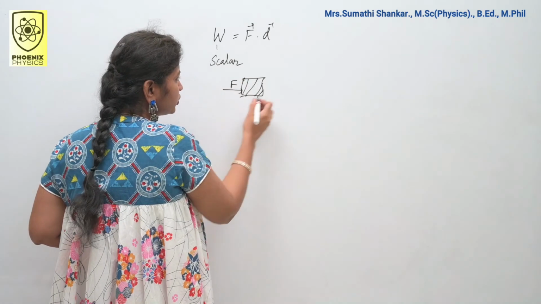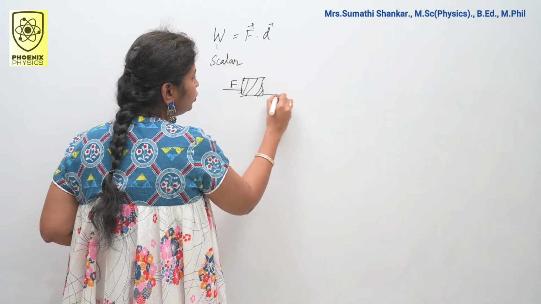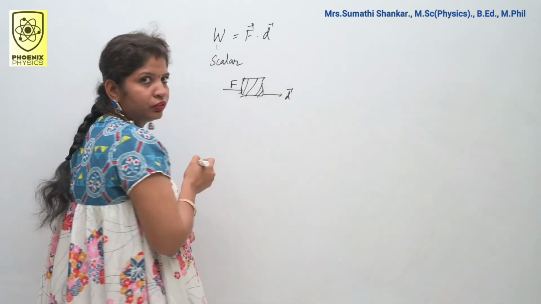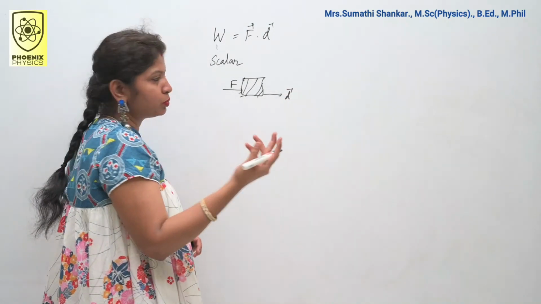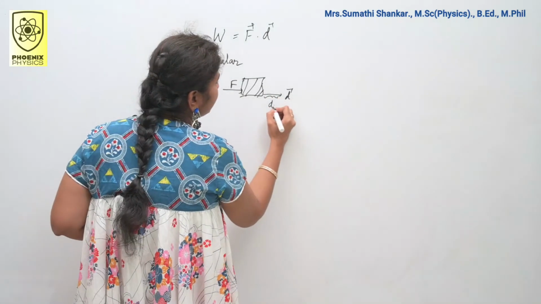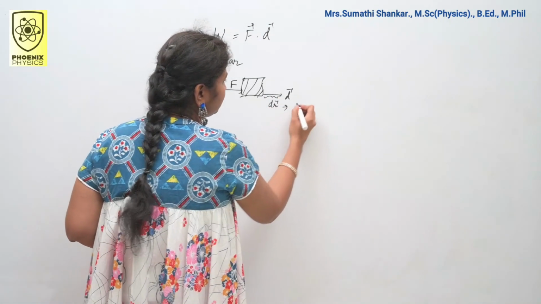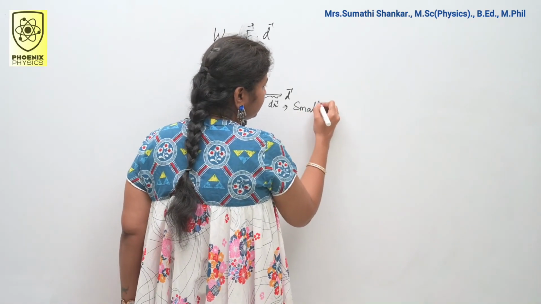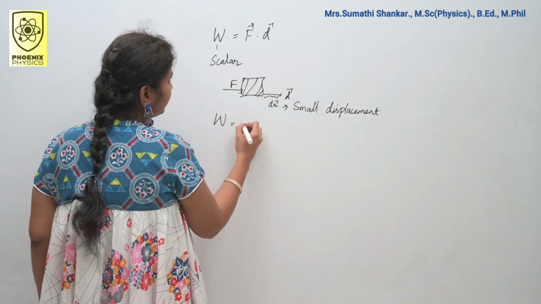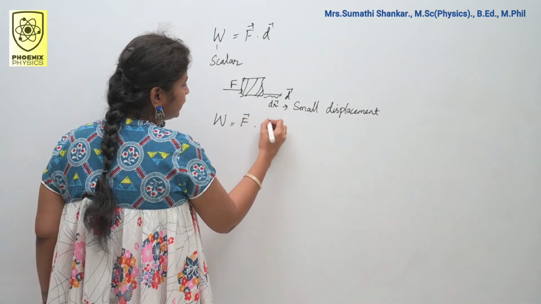Due to this force, the block will move through this distance, in the direction of d. d is nothing but the displacement vector. This distance is denoted by dr. dr is nothing but a small displacement. Substitute in this formula, so work done is equal to F dot dr.